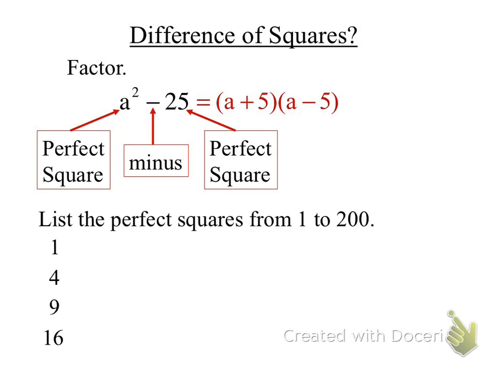Let's talk about our perfect squares. I want you to list them. Our first perfect square starts with 0, but we have to start with 1. So 1 is a perfect square. What's the next one? 2 is not a perfect square. 4.